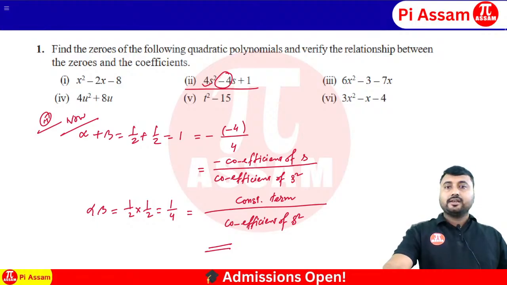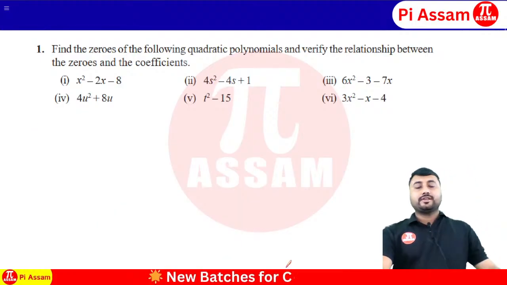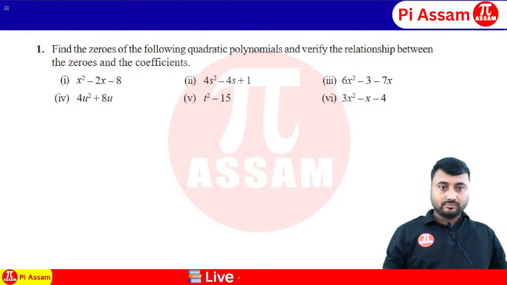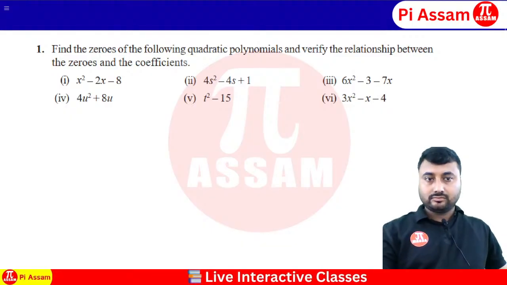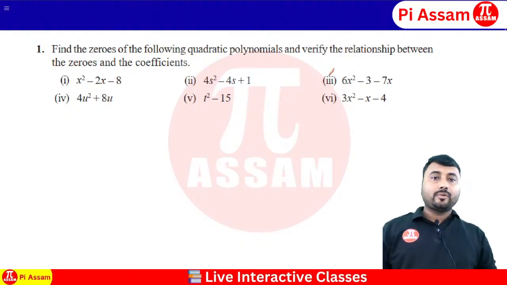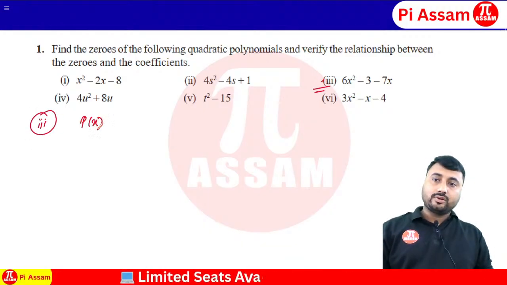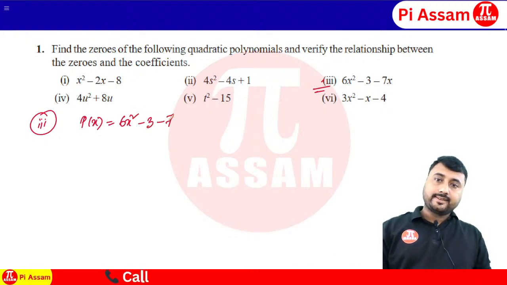Okay, so next go to the question number 3. Question number 3. Okay, so p(x) is equal to 6x square minus 3 minus 7x.